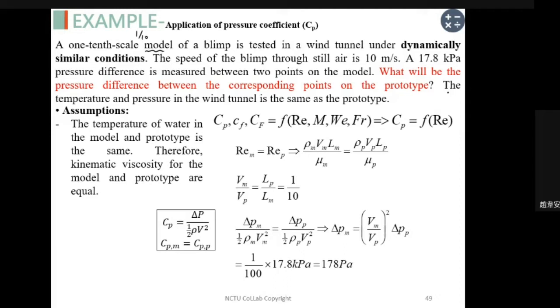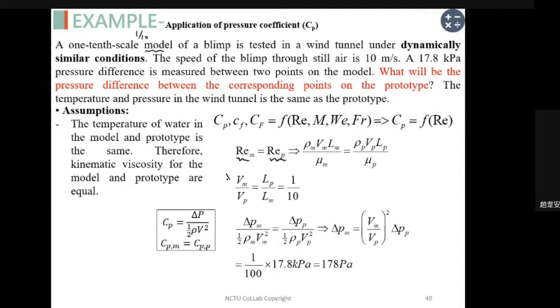So in the problem, we know that the temperature and the pressure in the wind tunnel is the same as the prototype. Because the temperature in the model and prototype is the same, therefore kinematic viscosities for the model and prototype are equal. So in this problem, again, we need to have the Reynolds numbers equal between the model and the prototype.